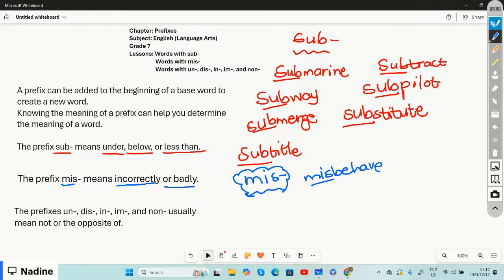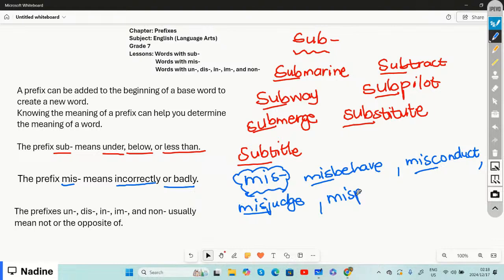But if you misbehave, you are behaving badly. Misconduct, also bad conduct. Oh, sorry, I misjudged you, or I misjudged the situation, right?